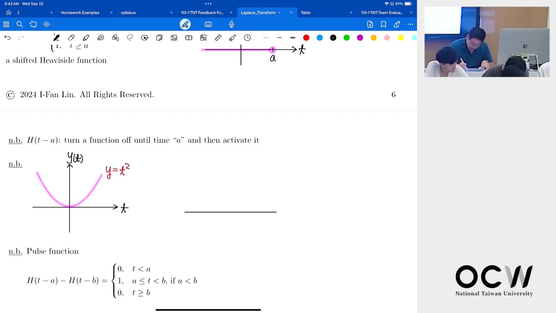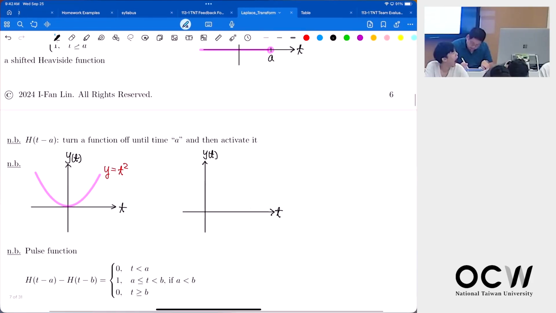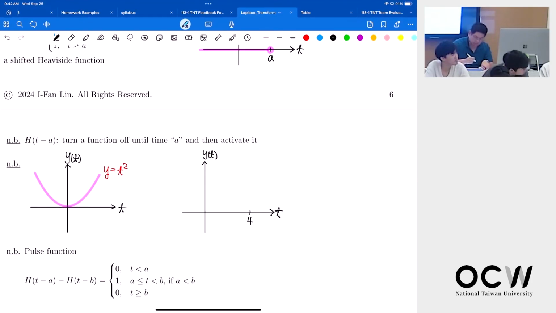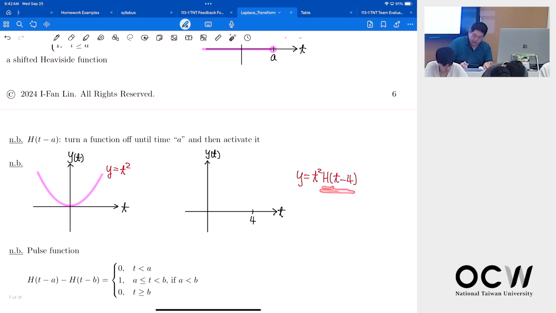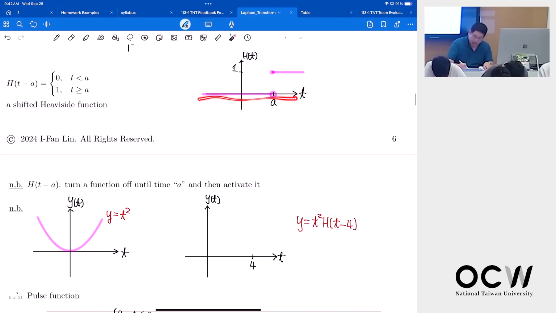Here's t and y. Then suppose at 4, I want y equals t squared times this shifted Heaviside function. So we know until 4 it is still off, and after 4 it has a value of 1.